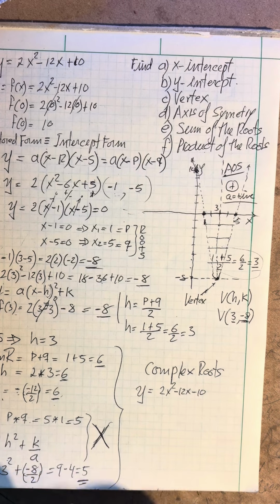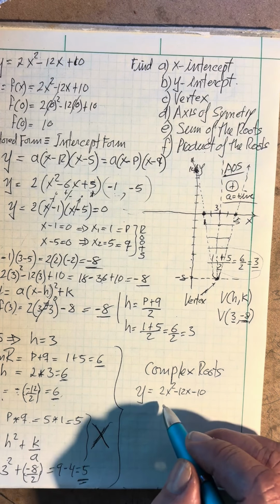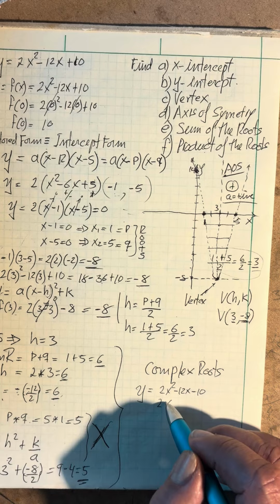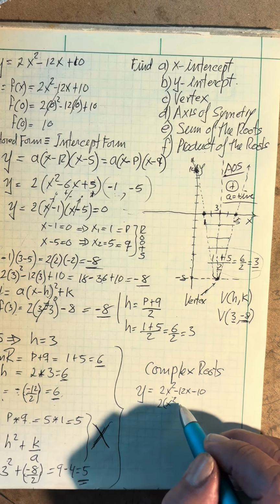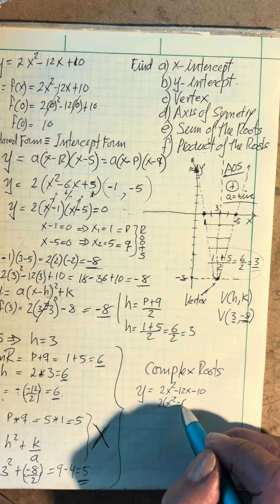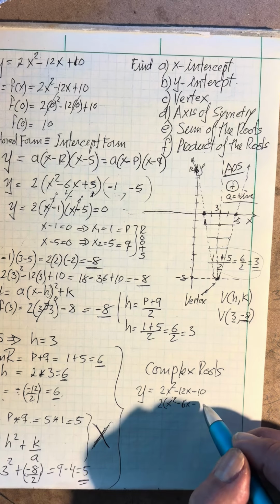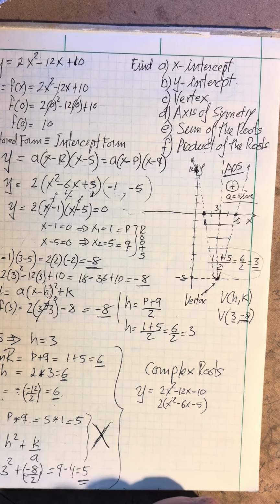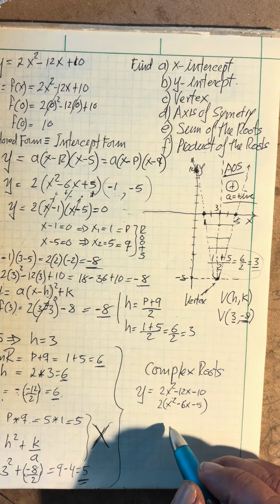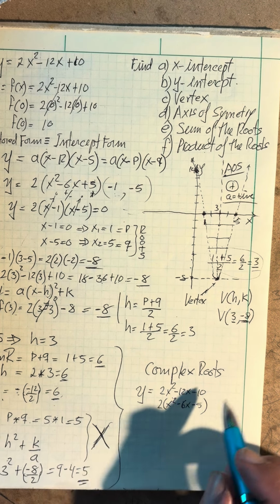Let's see what happens. So we'll take the 2 out. x squared minus 6x minus 5. I'm not sure that's going to be a complex.